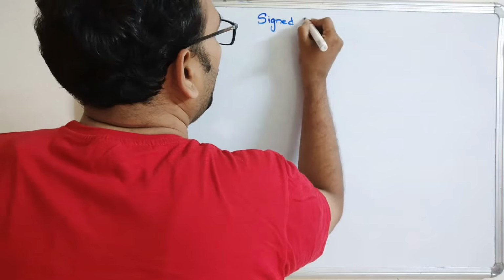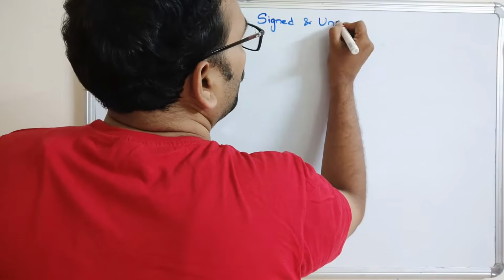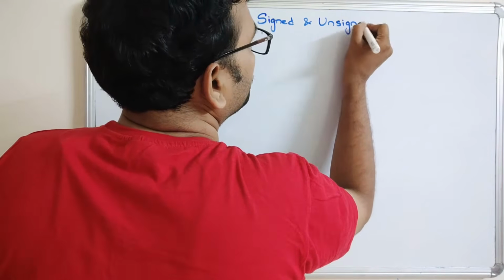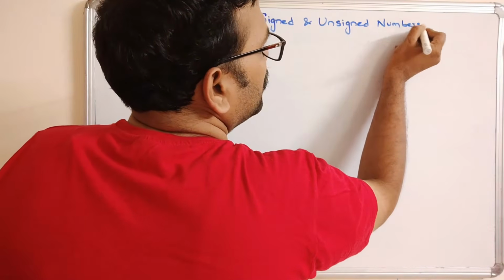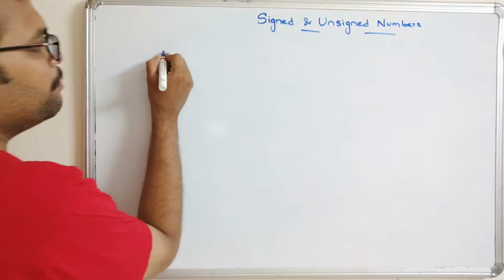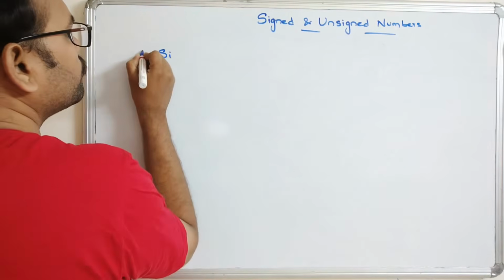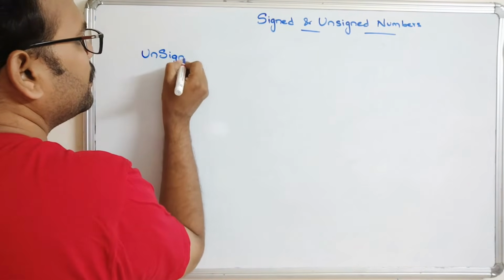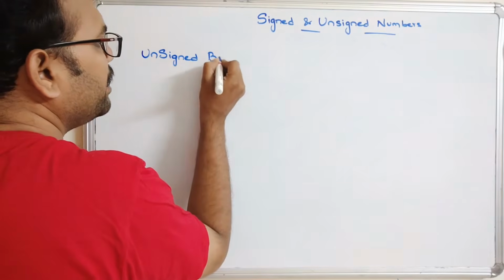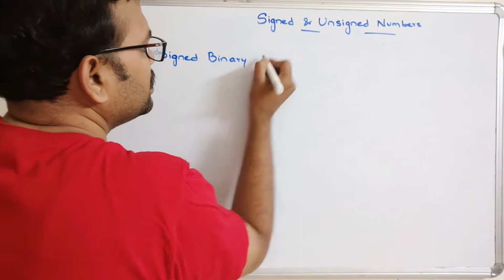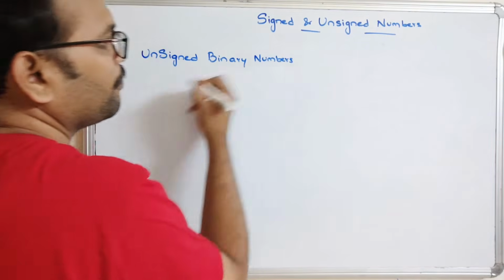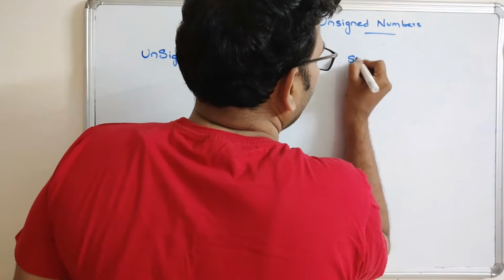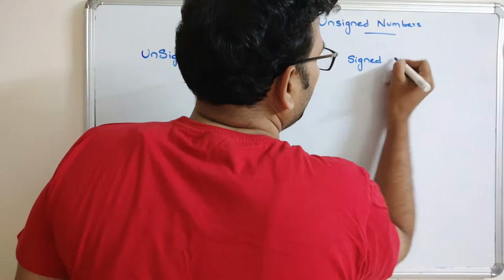So signed and unsigned numbers. Here we are discussing binary numbers. First we will go with the unsigned binary numbers. So what are unsigned binary numbers?